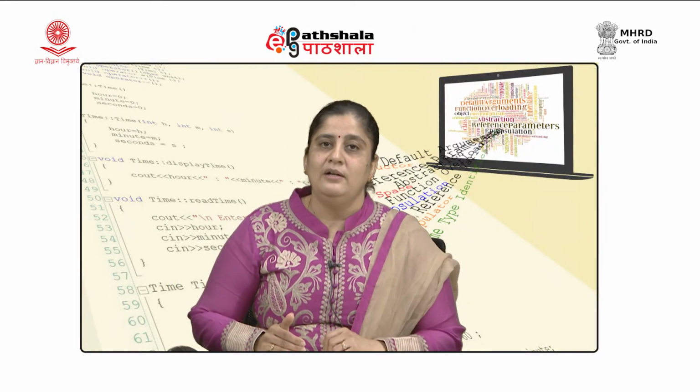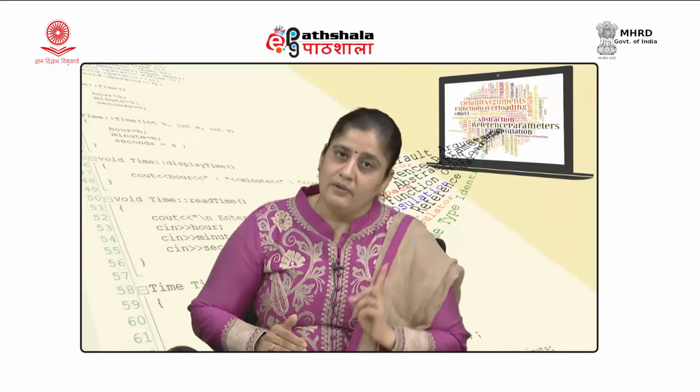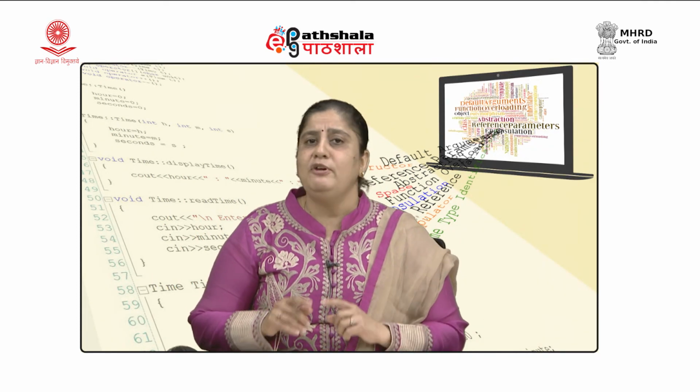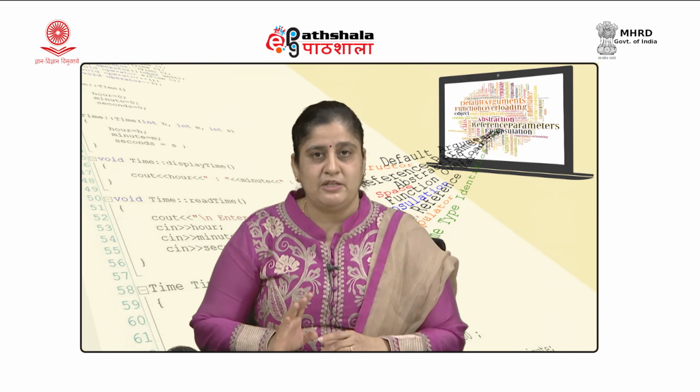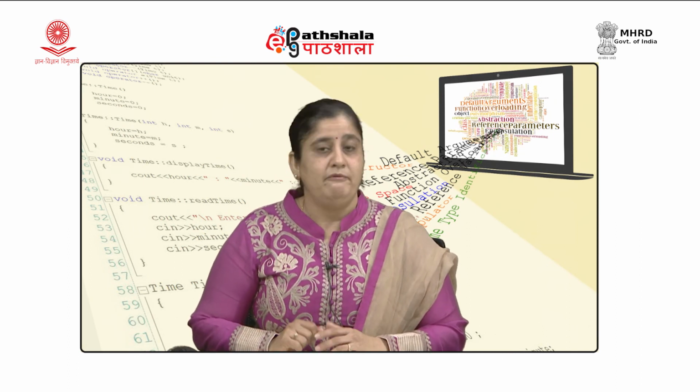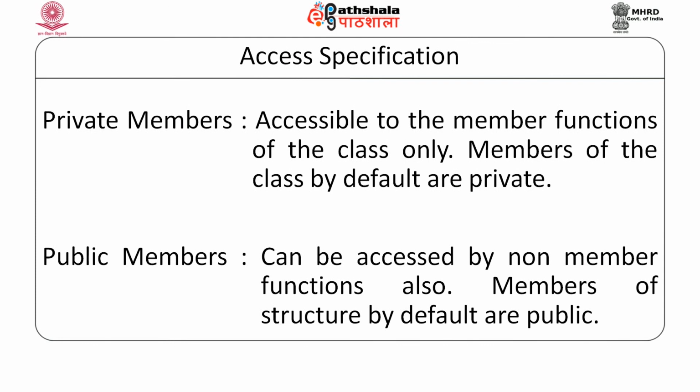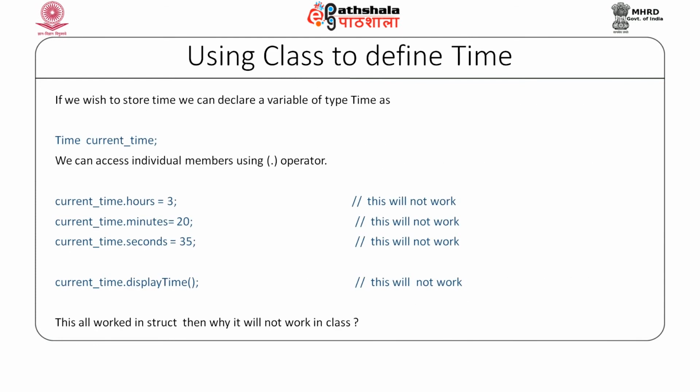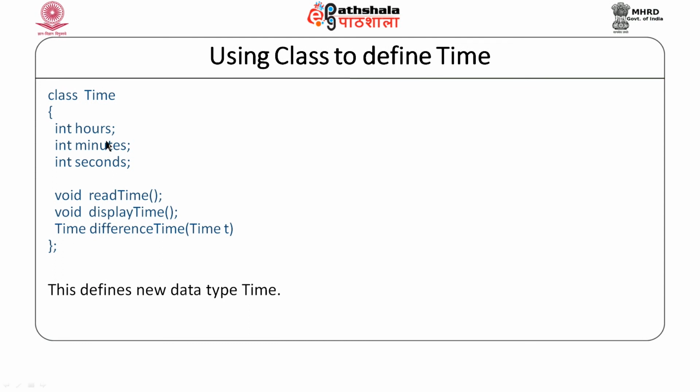Now, you would recall that in the class that we defined, we did not specify any access specification for any of the members. When we do not specify any access specification for a member, for example, let me go back to that class definition of ours. Here when we defined the class time, we did not say that the members are private or public, but the default specification in case of class is private, therefore, all of these members are private.